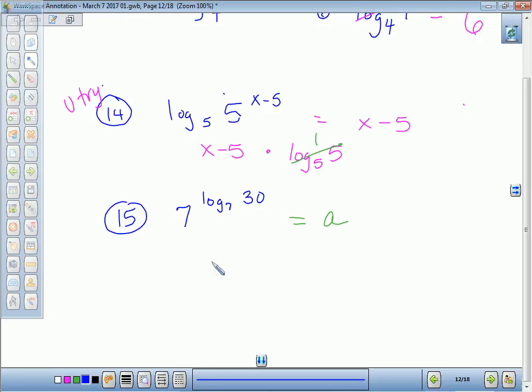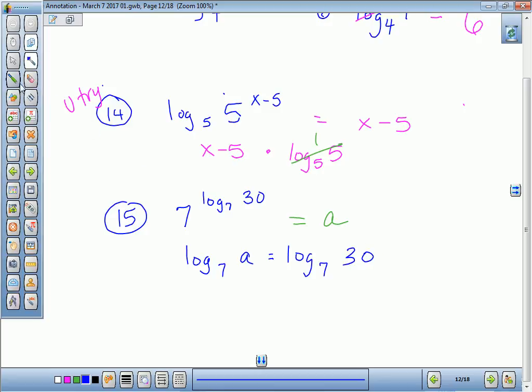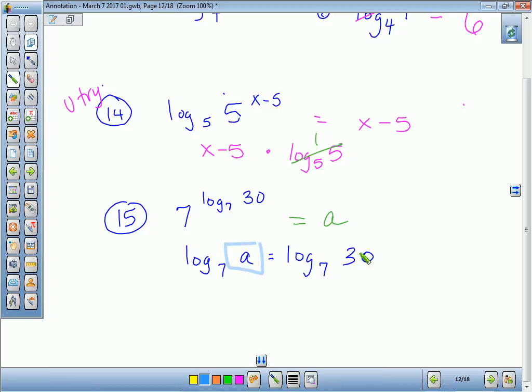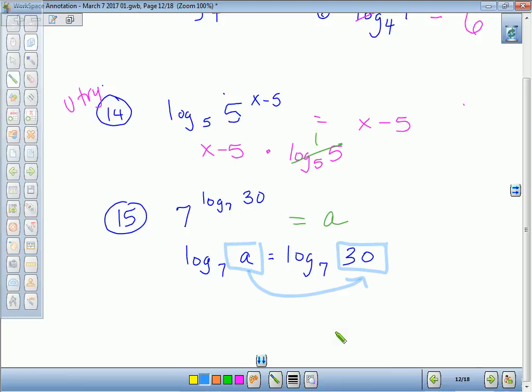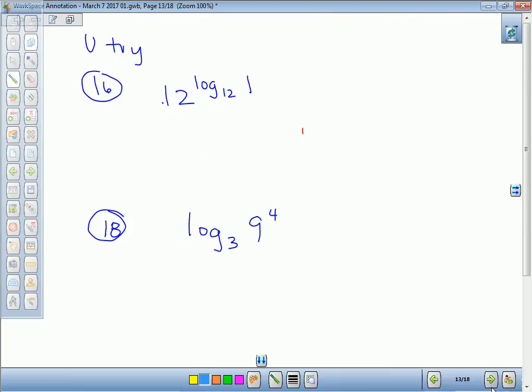So this becomes log base 7 of A equals log base 7 of 30. The only way this log can equal this is if A is 30.